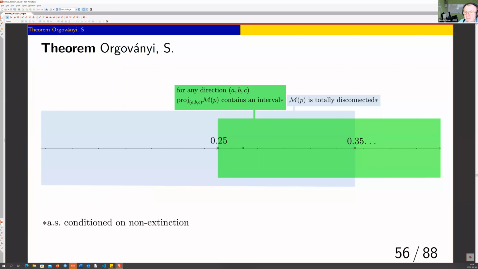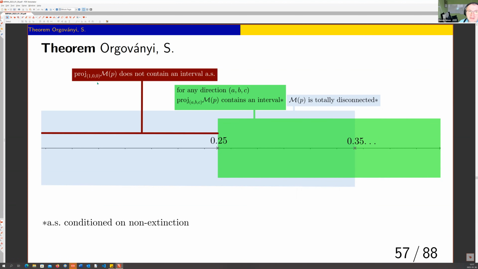So if you choose a P from the interval between 1/4 and 0.35, then for that P, this random Menger sponge is going to be totally disconnected, which is a random dust, but its projection to any line, simultaneously to any line, does contain an interval.